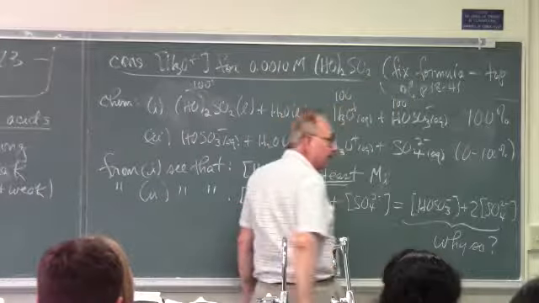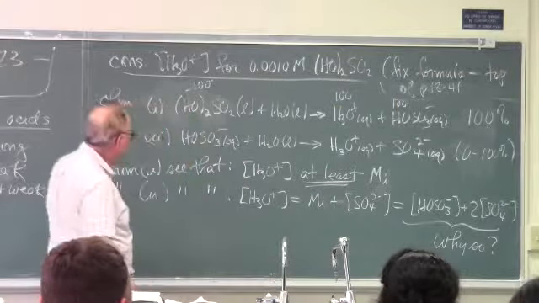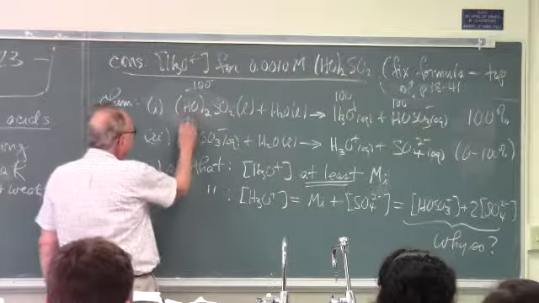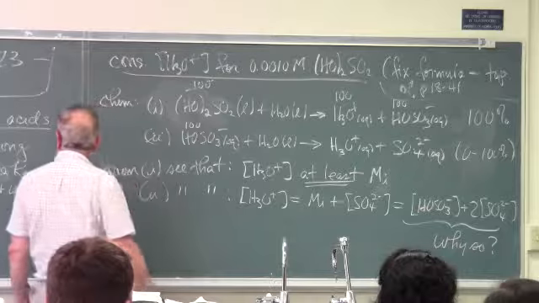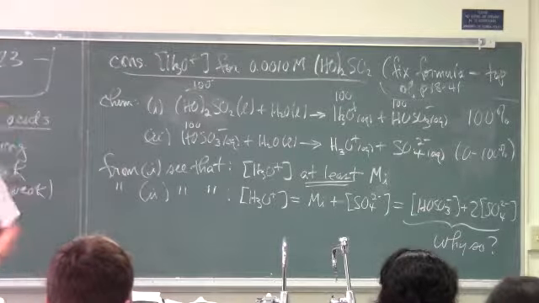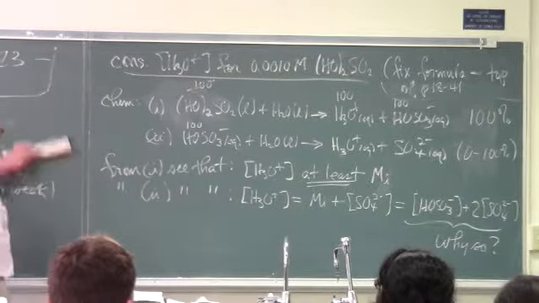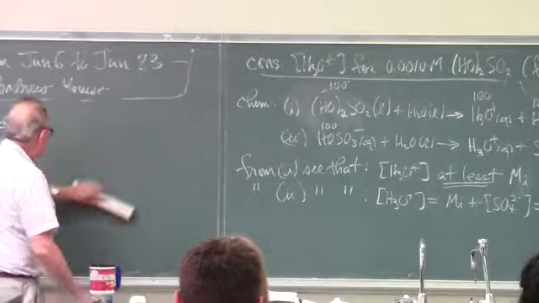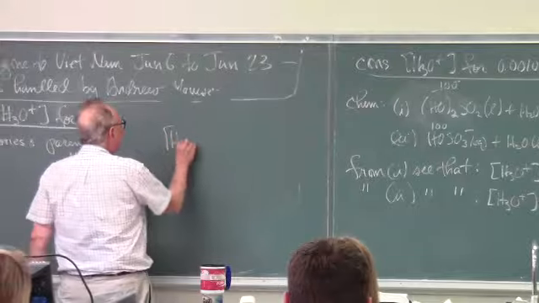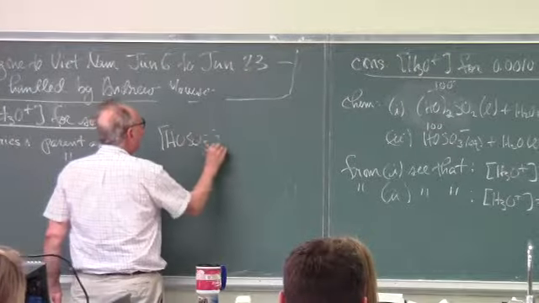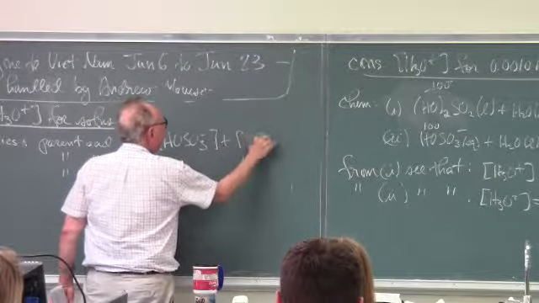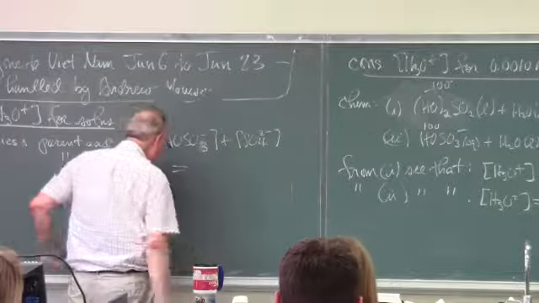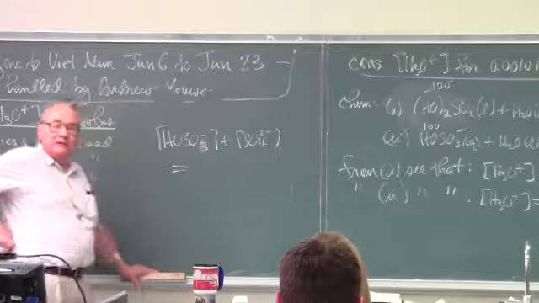Okay? Now let's take a look at the second reaction. This starts out at how many? 100. And we know that the sum of these molarities has got to be what?